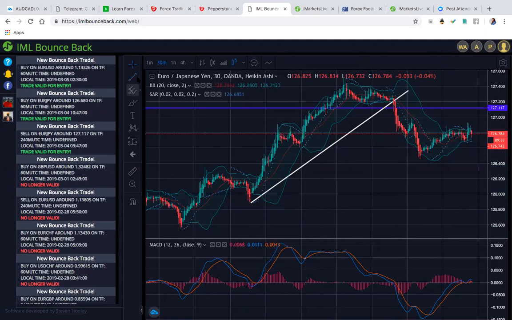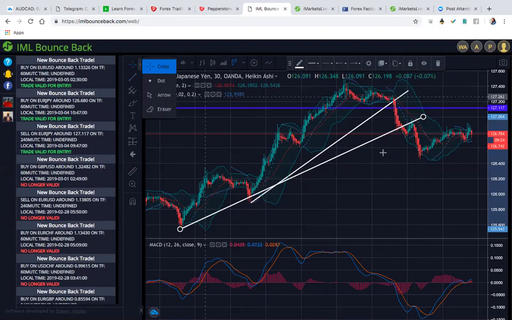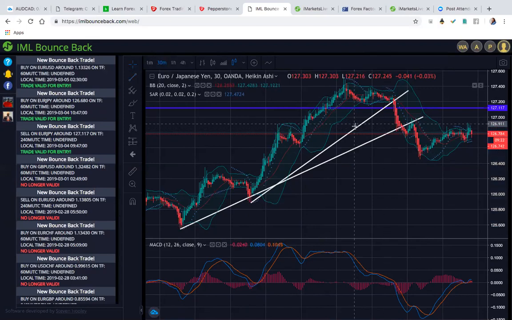All right? It doesn't mean that the person that drew it from here to here was wrong. The person that drew it from there, from here at the bottom up to here, still good. You got the sell too, right?